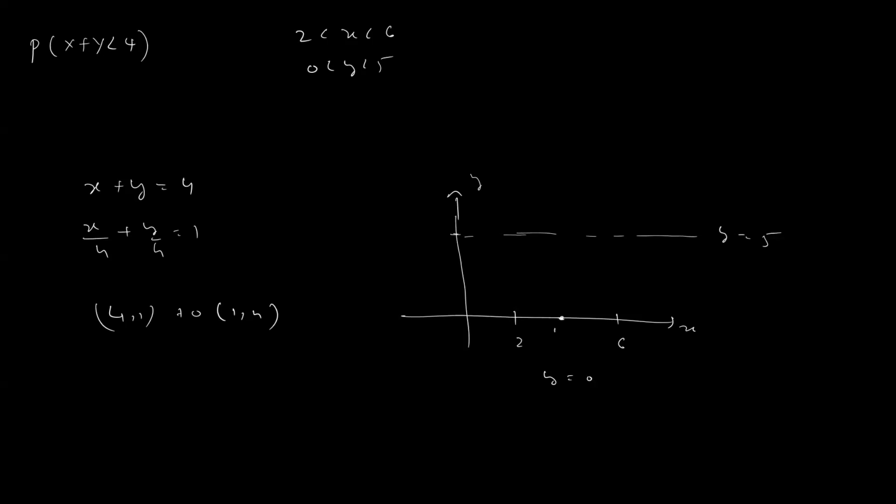This point will be 4 comma 1, and this point will be somewhere 1 comma 4. So this is the straight line, and you already have the range given between 2 to 6, so that I'm highlighting. So this is the area which they're talking about to integrate.